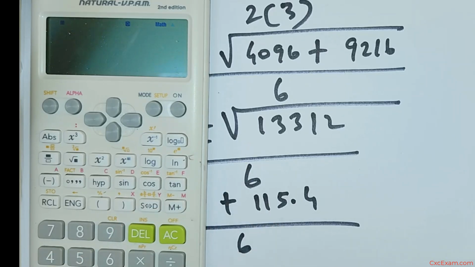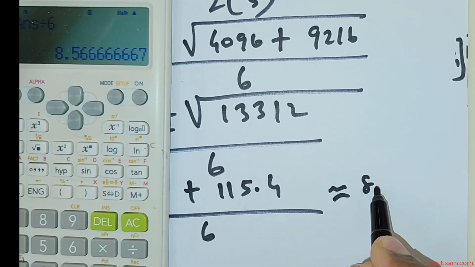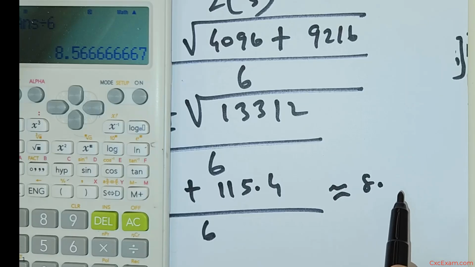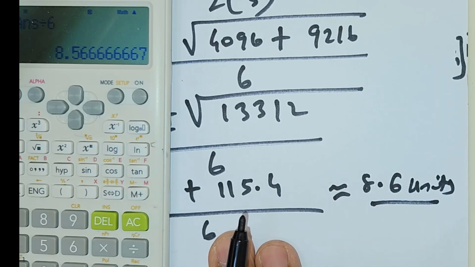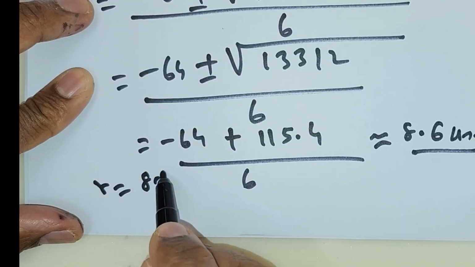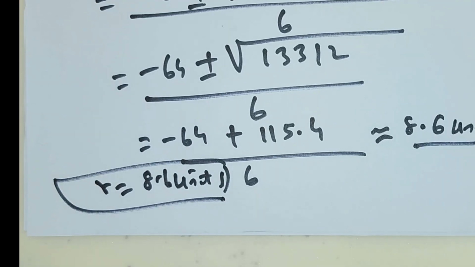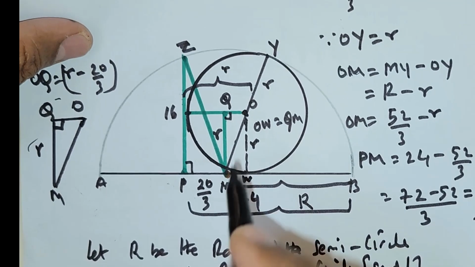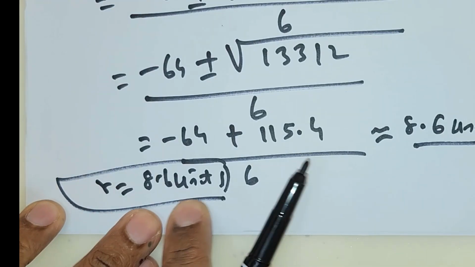You divide by 6, you get an approximate value of 8.6 units. So what is this? This is the radius of the small circle. The circle that we see here, this is the radius of this circle, 8.6 units.